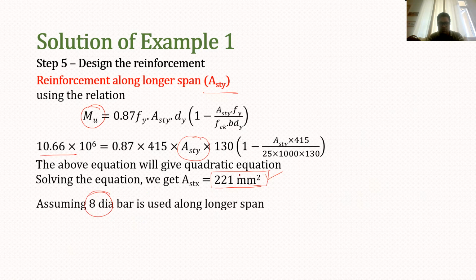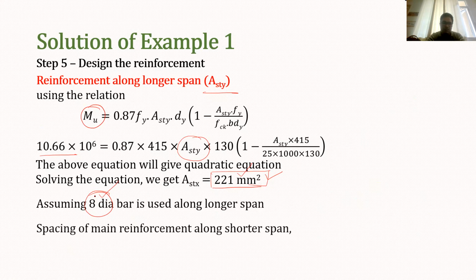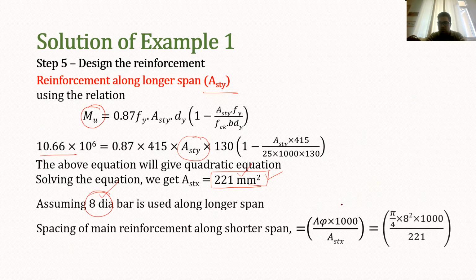Here, because the area of steel is less, the spacing will be very high. So to avoid that, we have assumed a lower dia for the longer span reinforcement. Now using this 8 mm dia bar, we can calculate the spacing by using the same formula we used previously. Putting the values here, we get the spacing of reinforcement as 227.33 mm.